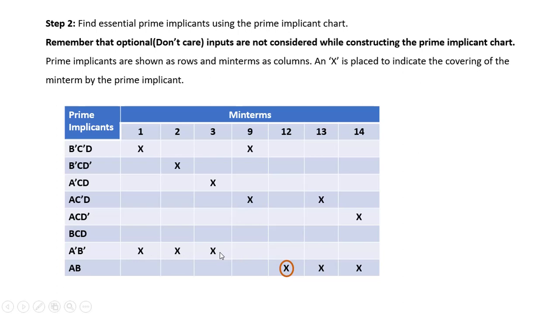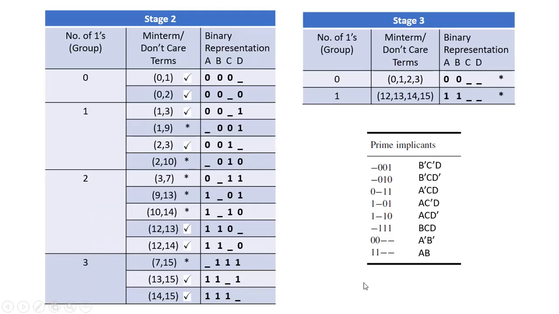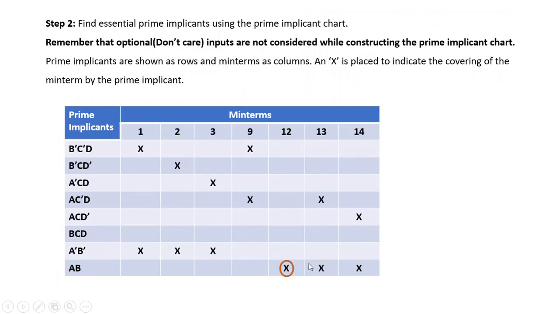Similarly, A B covers 12, 13, 14, 15. 12, 15 were don't care terms. So we have marked all the crosses. Now we have formed this prime implicant chart.